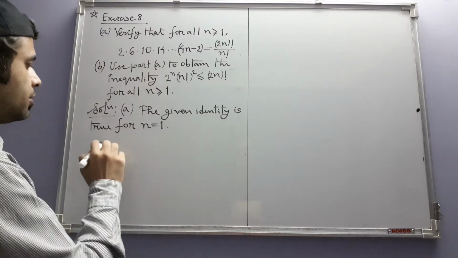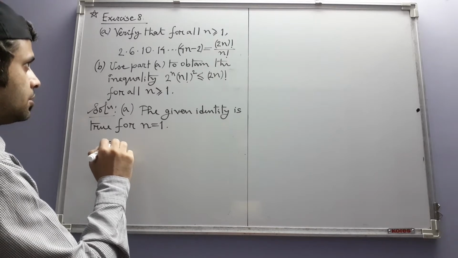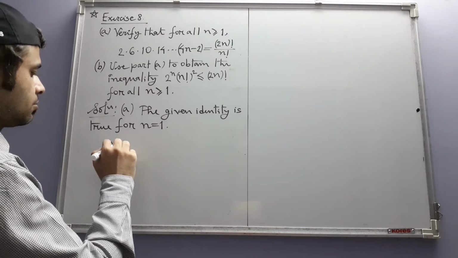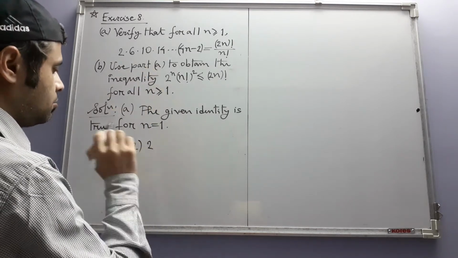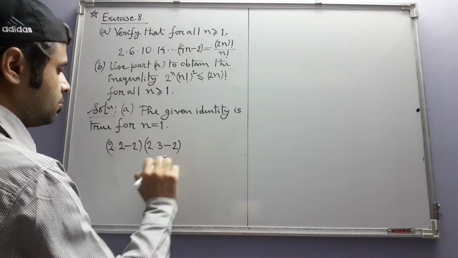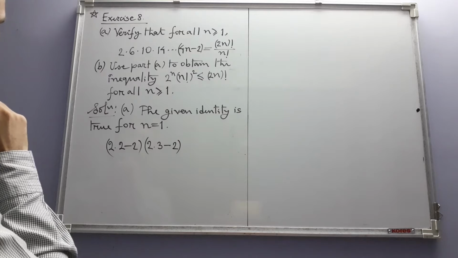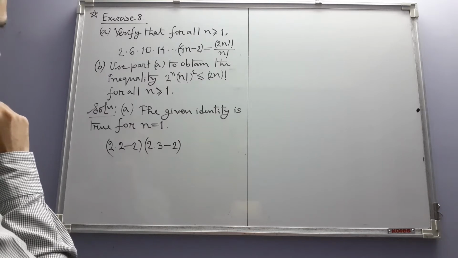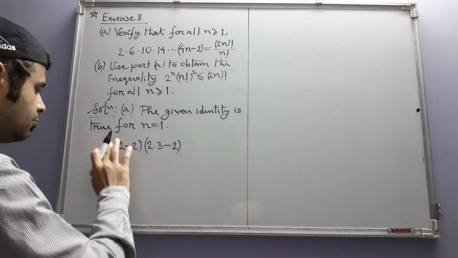You see, 2 can be written as 2 times... is it 2 times 2 minus 2? Yes. Then 2 times 3 minus 2, because no, I think I am getting it incorrectly. For 4n minus 2, if I put n equal to 1, I get, oh, why am I writing 2?